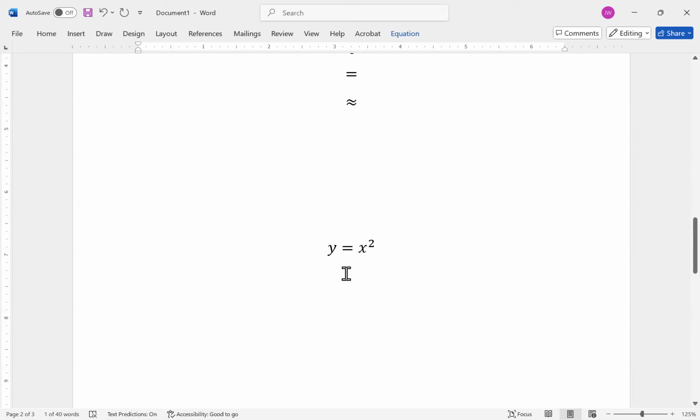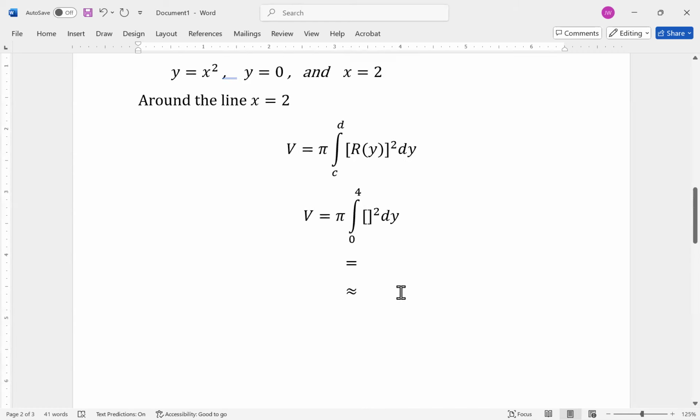So I'm going to take y equals x squared off to the side, and then I'm going to solve that. Once again, the section of the region I'm looking at was in the first quadrant, so I can use positive x values. So I know that when I solve this, I can use x is equal to the positive square root of y. And that's not going to be a problem.